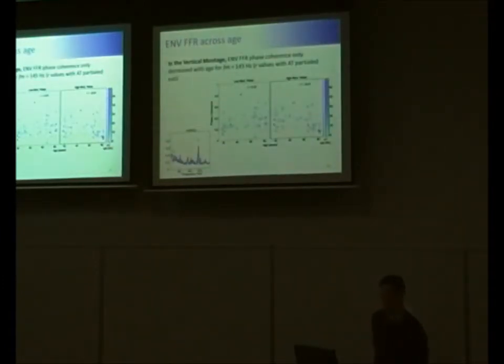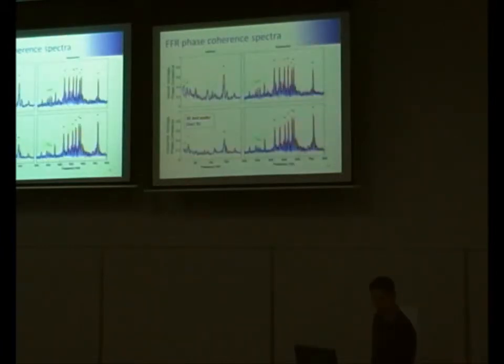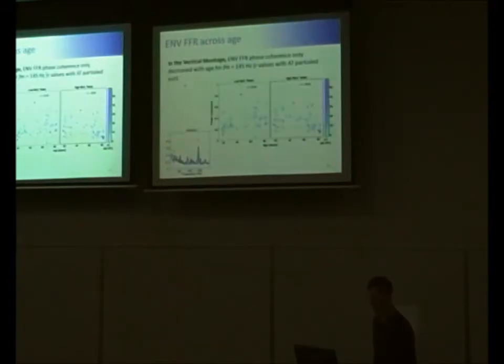So if you take, for each listener, their average phase coherence at this point and this point together, and at this point and this point here together, and you plot that across the listeners for their age again. So low modulation rates is this green and yellow one, and the high modulation rates is the blue and pink one here.